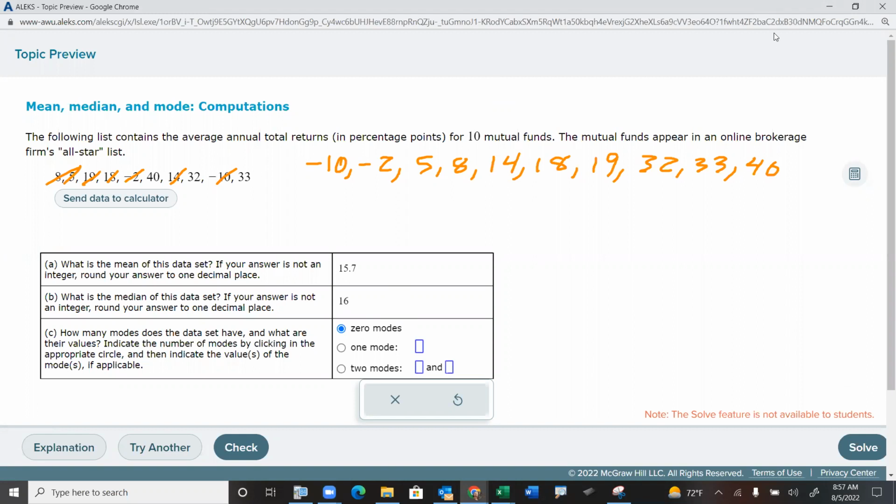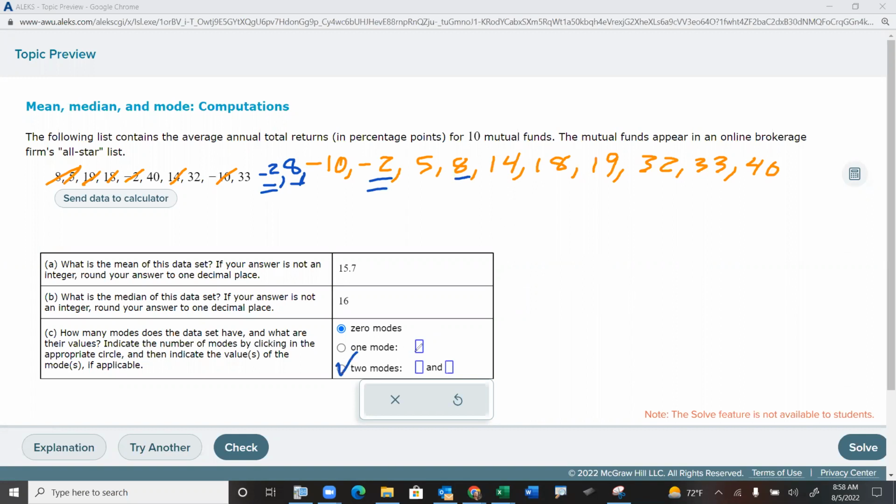Now, if we had maybe another 8, we would say, oh, we got 1 mode, and it's 8. Or if we had that 8 and then we also had maybe a -2, we'd say, oh, now we've got 8 and -2 both occurring the most.